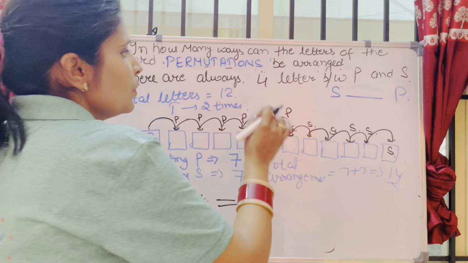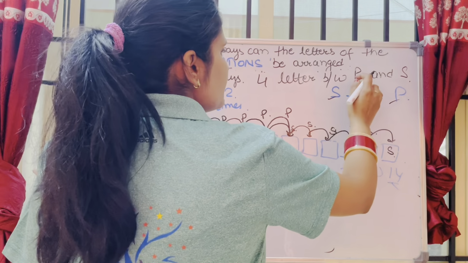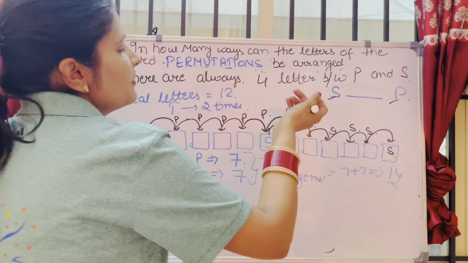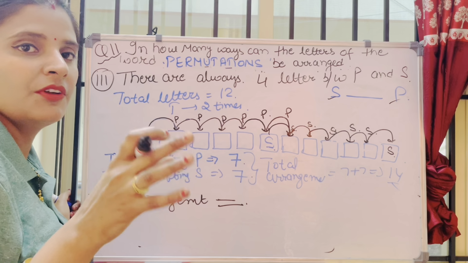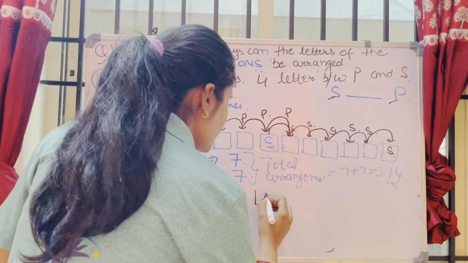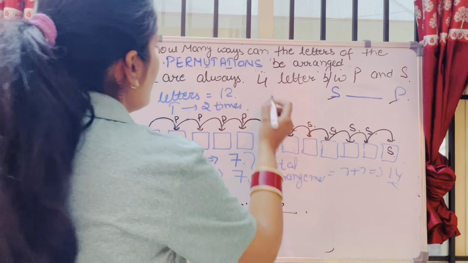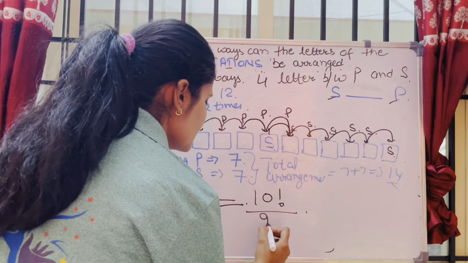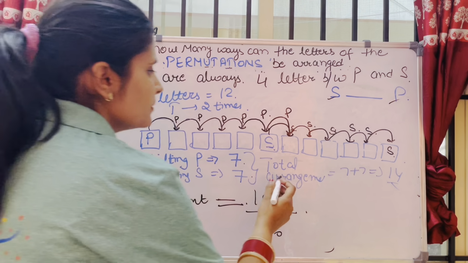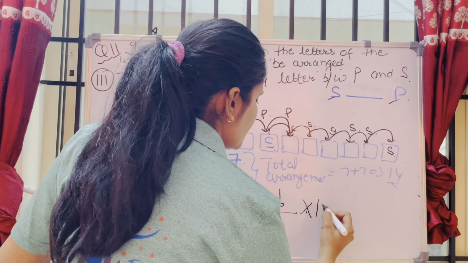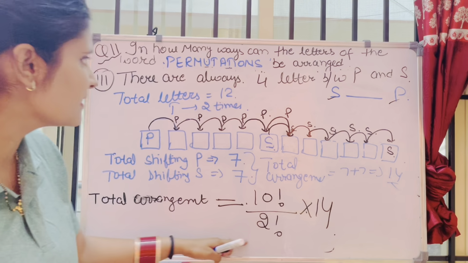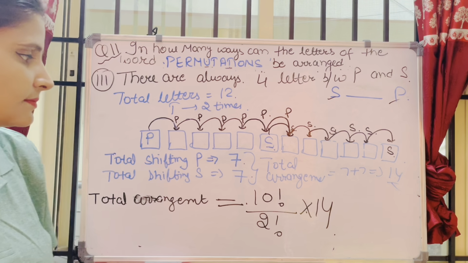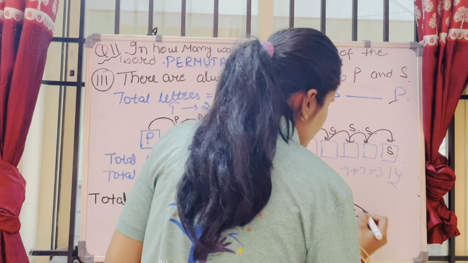So out of 12, we have to arrange the 10 letters: 10 factorial upon 2 factorial, as T comes in 2 times. And multiply by 14. Then we will get the answer.